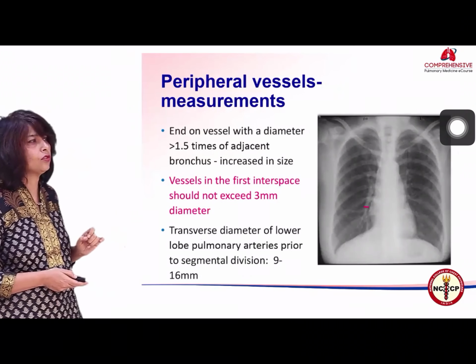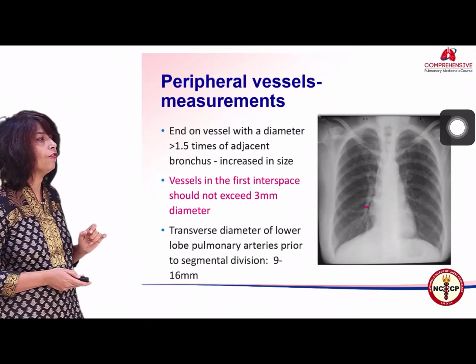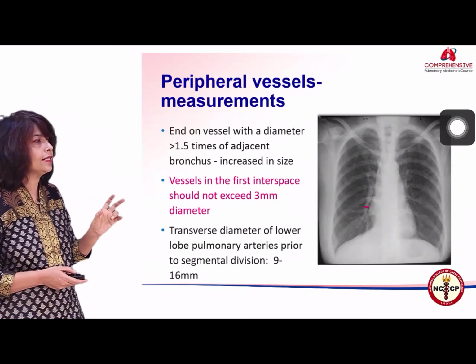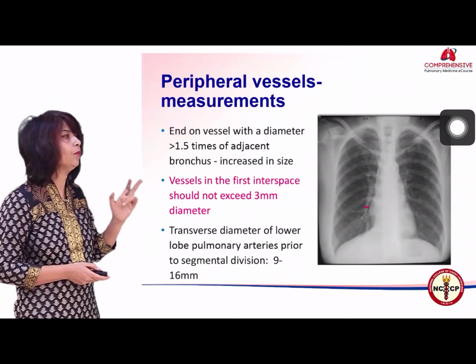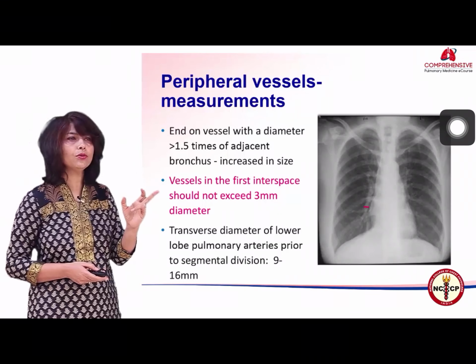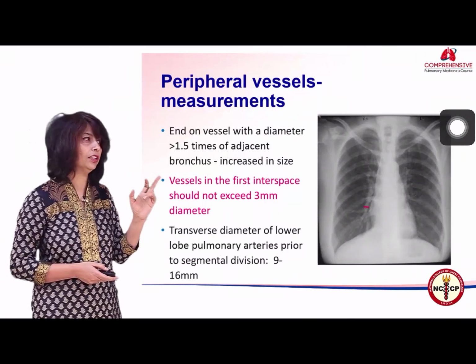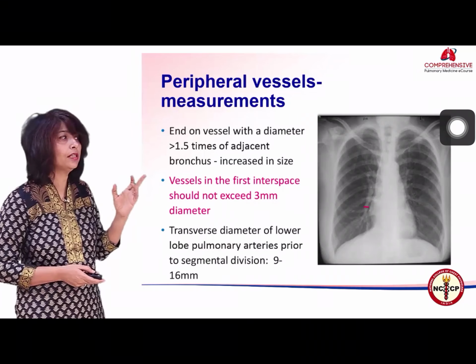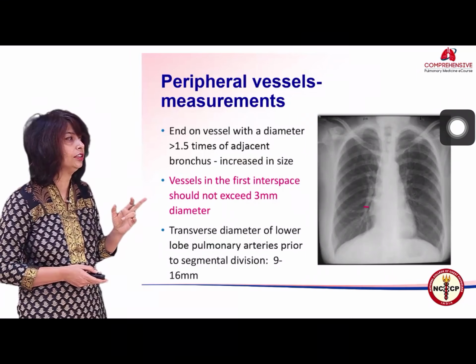There are measurements also which have been given for the vessels. If you think that they are enlarged, you compare the vessel to its accompanying bronchus. The cutoff given is 1.5 times, so vessel more than 1.5 times bronchus.